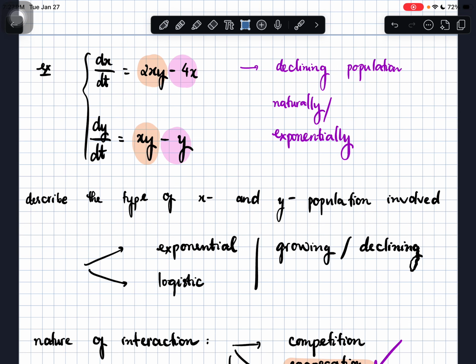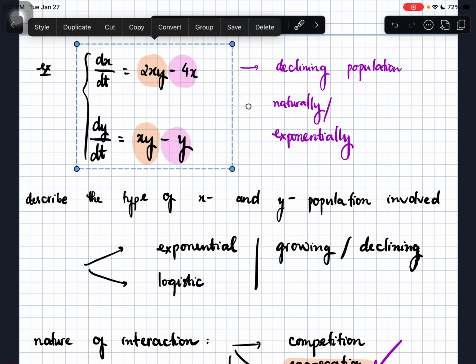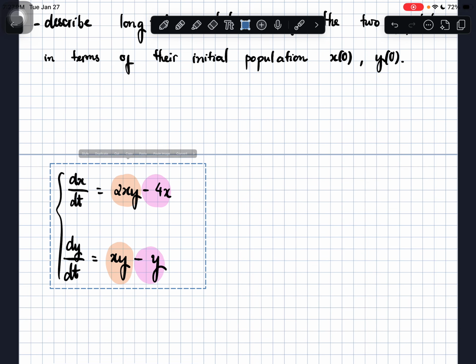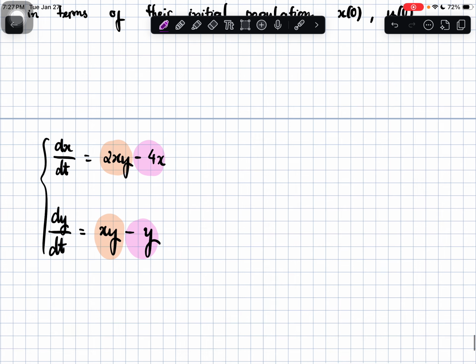We first need to find the critical point for this case. Set it to zero, so this gives us 2x actually, y minus 2, y, x minus 1.